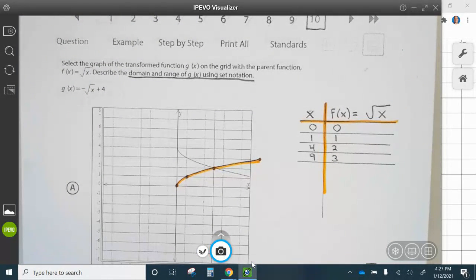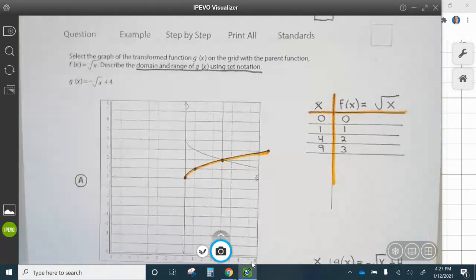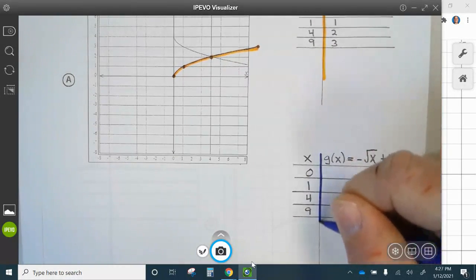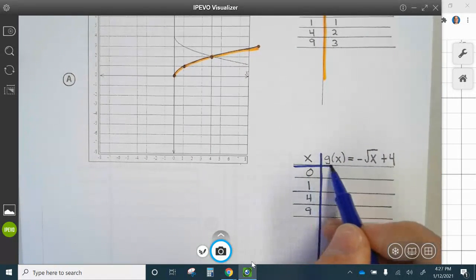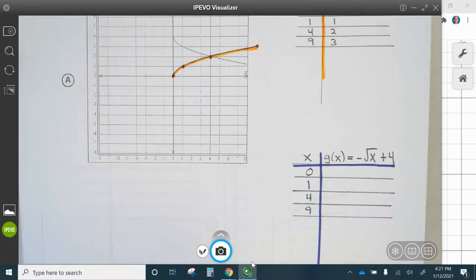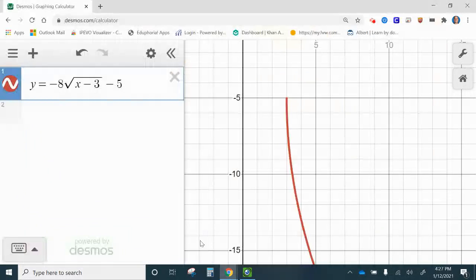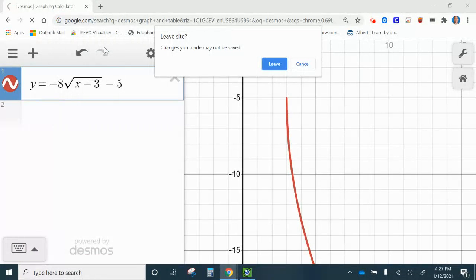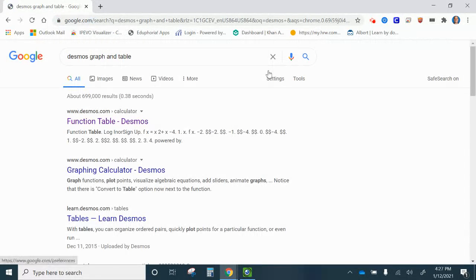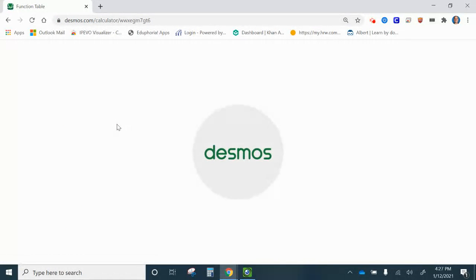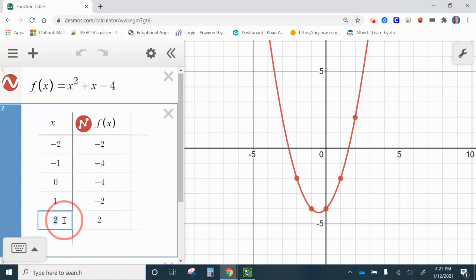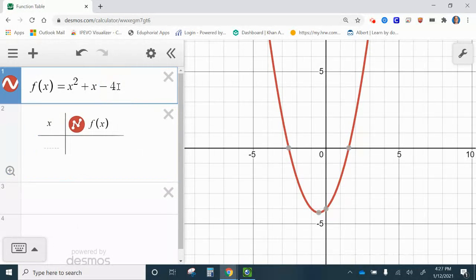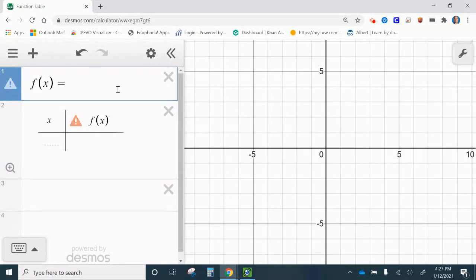Now, g of x, let's do in blue. So we need the points for that. We're going to come back here and do the Desmos graph and table. So we're going to delete these values and put g of x in.